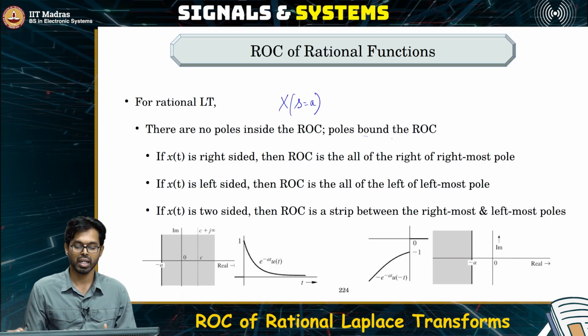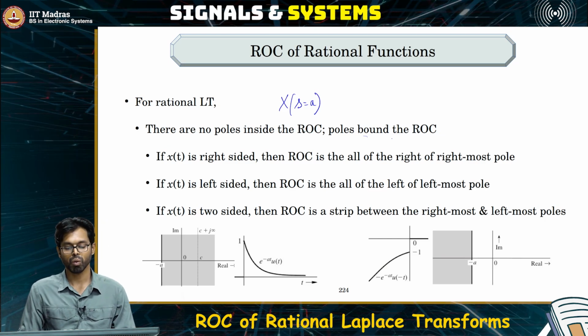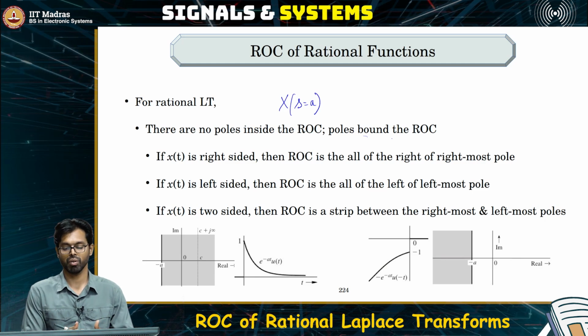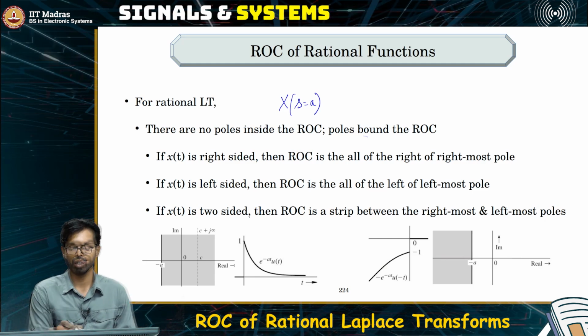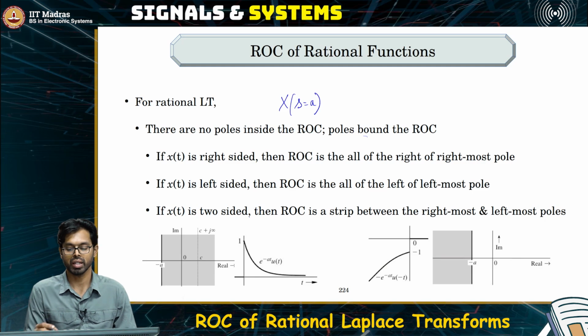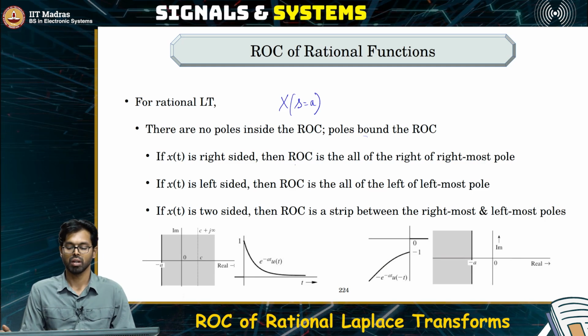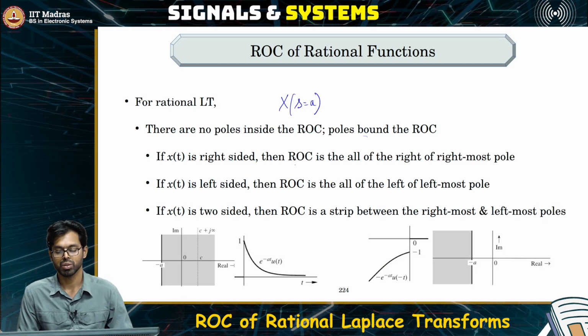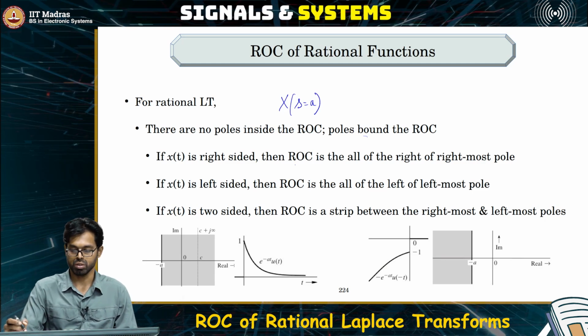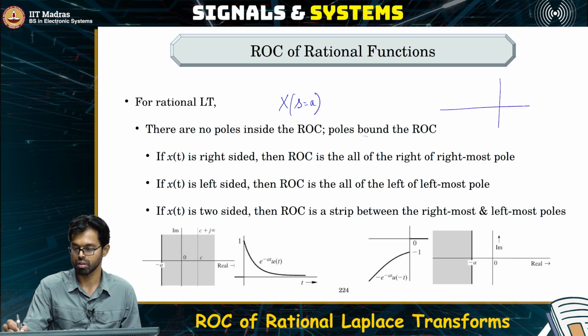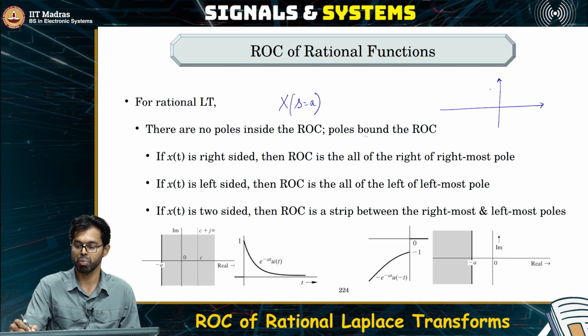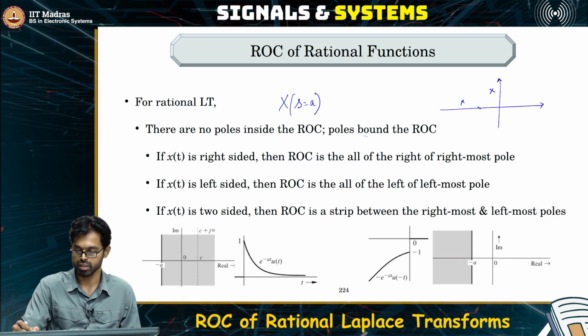So for a right-sided signal, where will the poles be located? For a right-sided signal, we already said that the ROC is on the right of the s-plane. So if it has multiple poles, let us say I have a right-sided signal whose poles are like this.